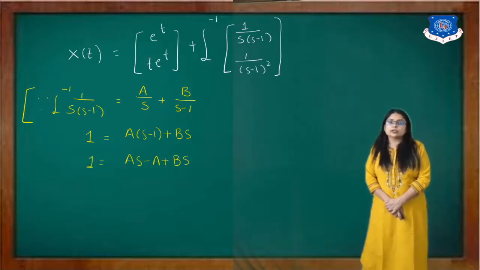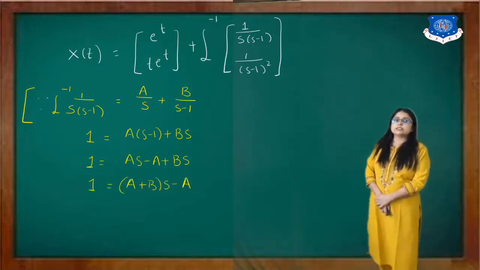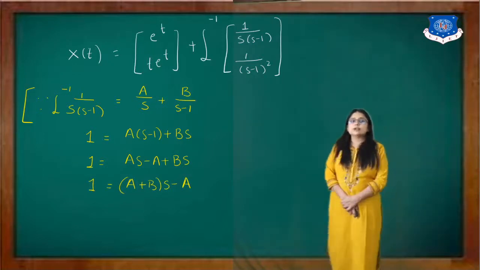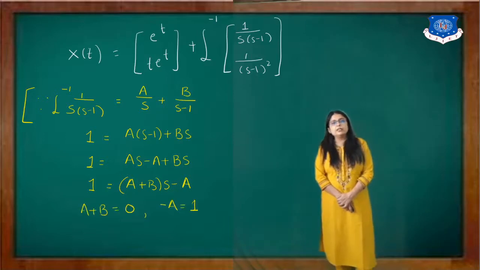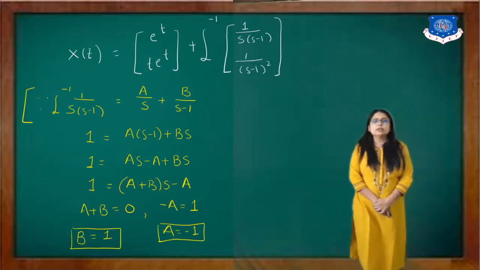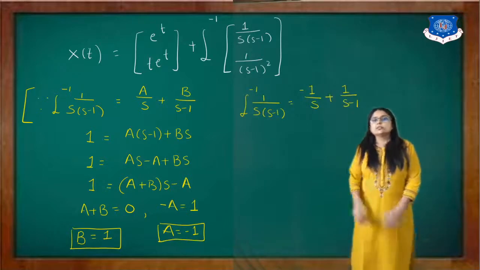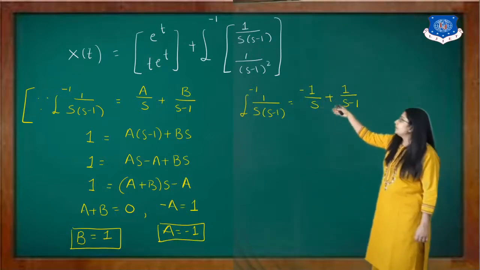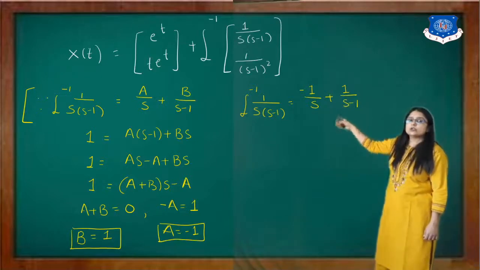Now open the bracket. So minus a plus b s. Take the s common. So a plus b into s minus a. Compare the coefficients, that is a plus b equals 0, minus a equals 1. So a equals minus 1 and b equals 1. So simply substitute here, that is minus 1 by s plus 1 upon s minus 1.